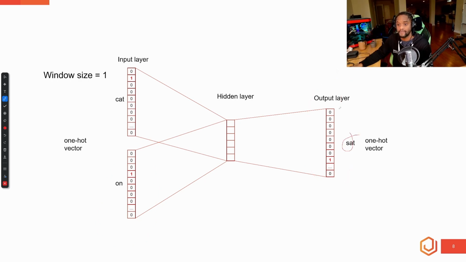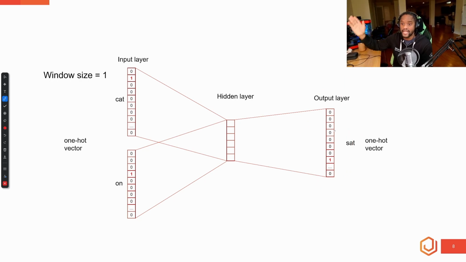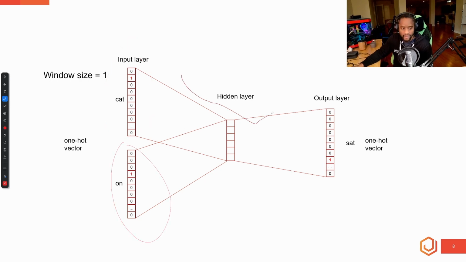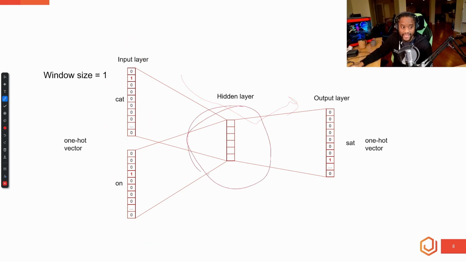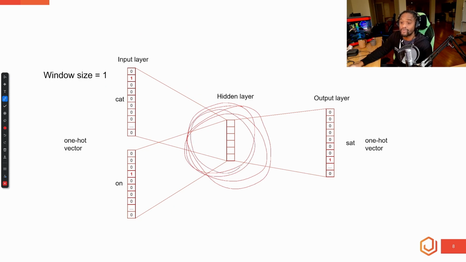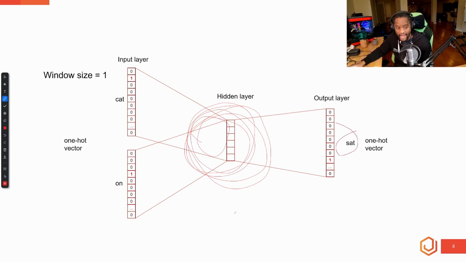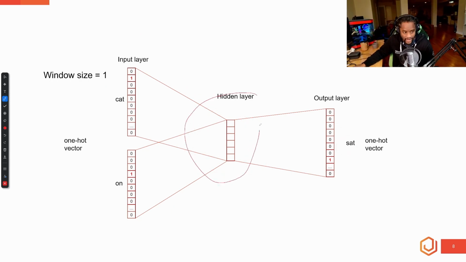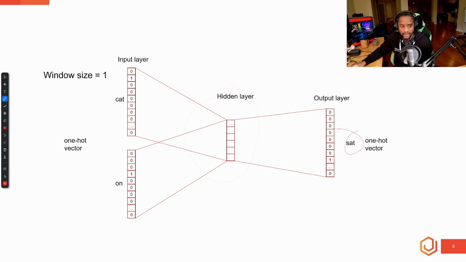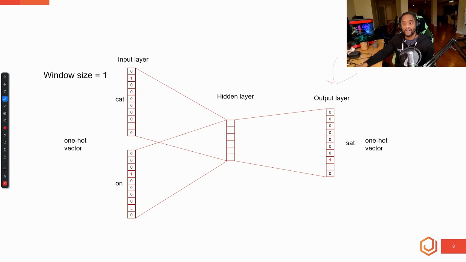That's how we know it's sat, right? We have a mapping between words and one-hot encodings, and we can go back and forth. Here we have 2 one-hot encodings coming in. Inference, magic weights. Remember, magic weights that were trained to get this right, and then we produce a one-hot encoding out.